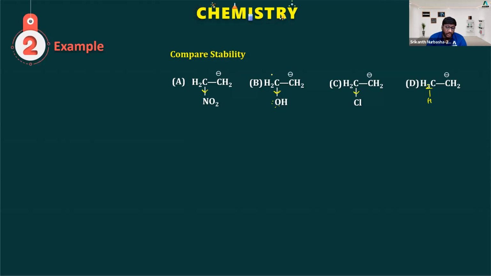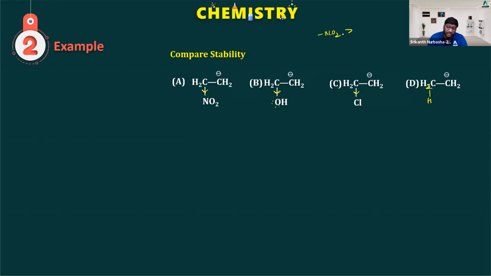Ultimately, we have the mesomeric effect, hyperconjugation, everything, students. We have to include all of them when you are studying the actual molecules. Here we are just including the inductive effect because there is no possibility of resonance. Is there a possibility of resonance here? No, because conjugation is not present. So for NO2, OH, Cl and hydrogen, which is the minus I effect order?